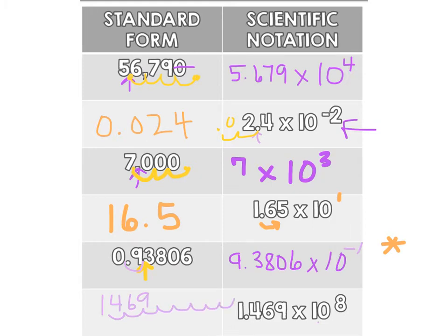Wow, this is a big number. Fill in with zeros. And then we're going to rewrite that without that squiggle. So let me take a second to erase and rewrite this. Okay, that's a giant number, 146,900,000.